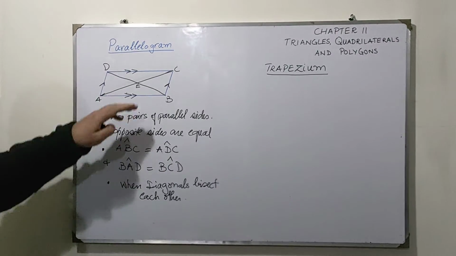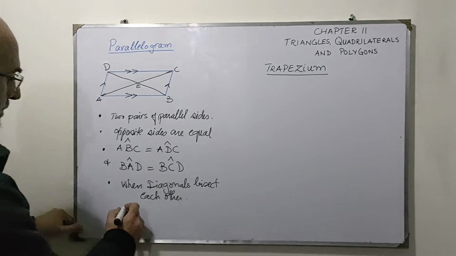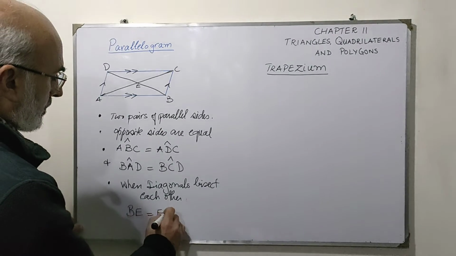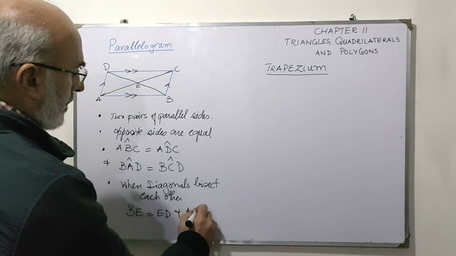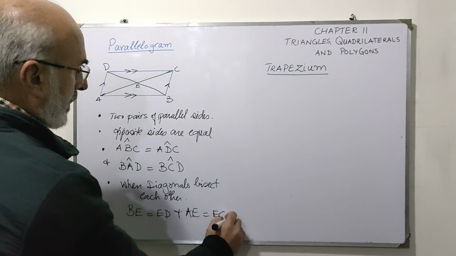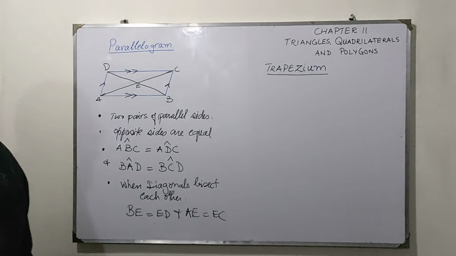So what happens? They are bisecting. So BE is equal to ED, and AE is equal to EC. So these are the properties for the parallelogram.